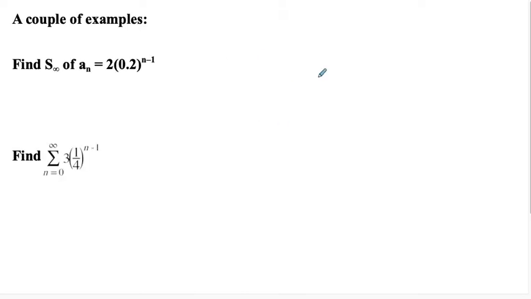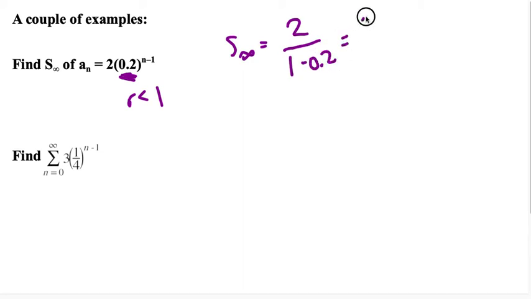So for example, if I have S infinity of a sub n equals 2 times 0.2 to the n minus 1. So I needed to establish, is this worth wasting my time actually thinking about, or is it really just infinity? Well, 0.2 is less than 1. The absolute value is less than 1, which means that S of infinity is simply going to be the first term divided by 1 minus 0.2, or 2 divided by 0.8.